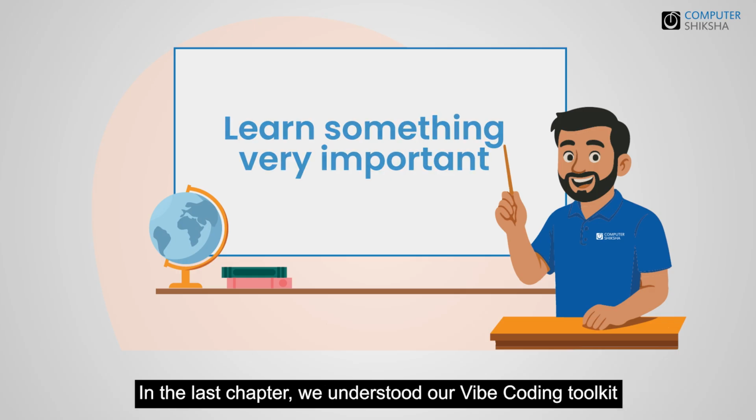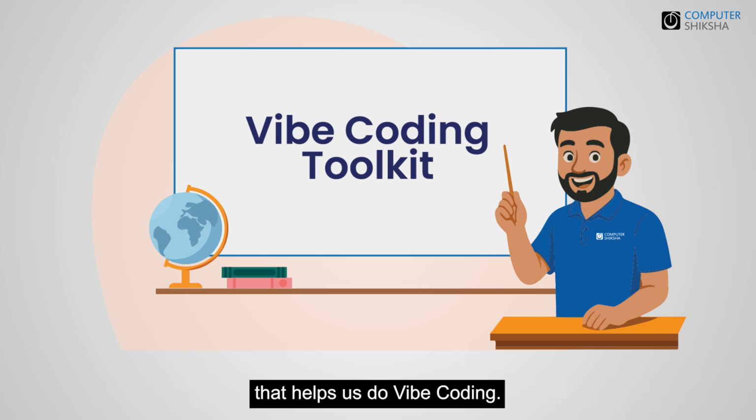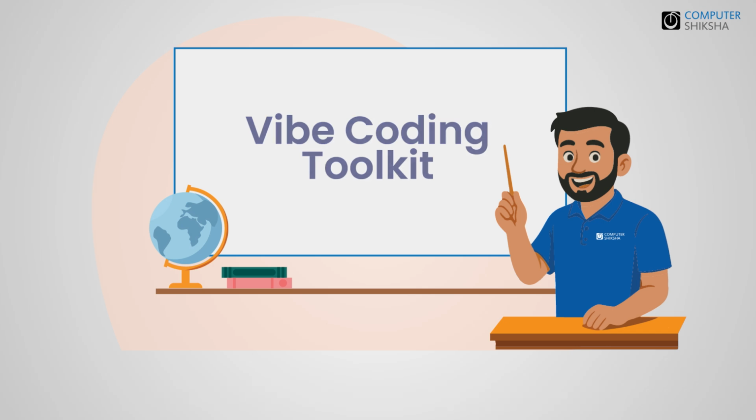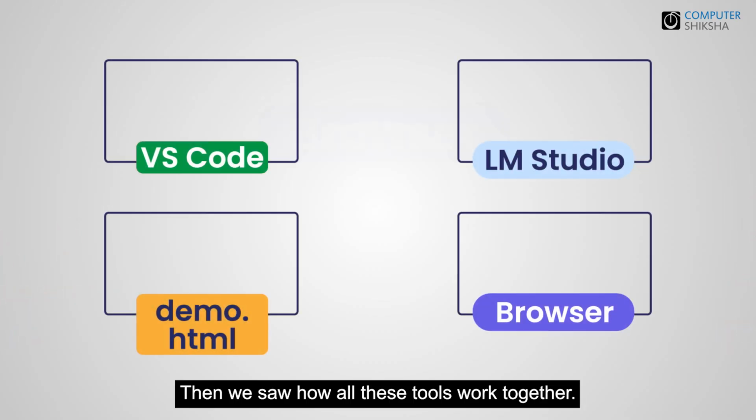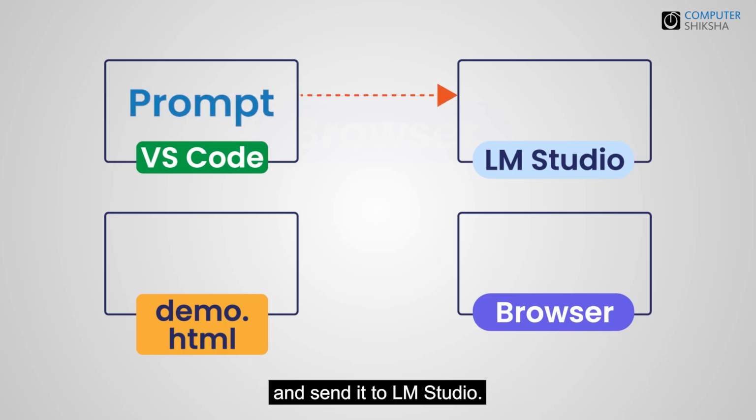In the last chapter, we understood our vibe coding toolkit that helps us do vibe coding. Then we saw how all these tools work together. We prepare and write the prompt in VS Code and send it to LM Studio.